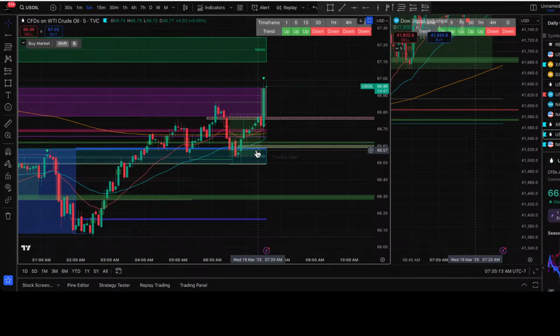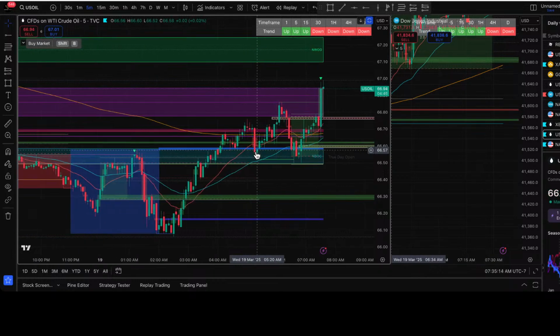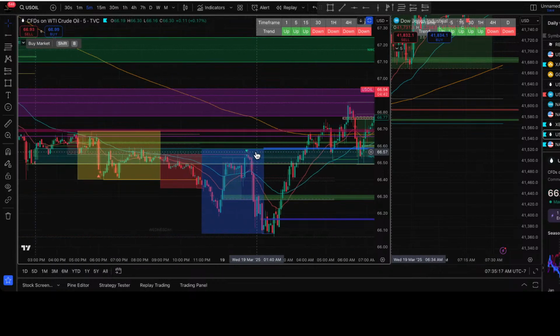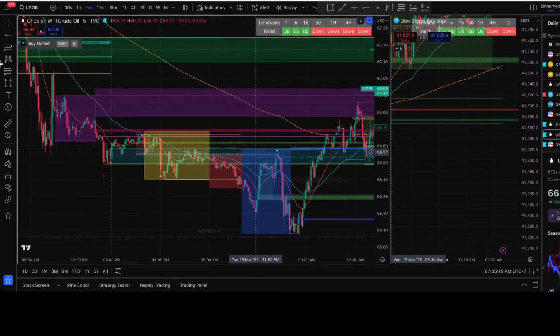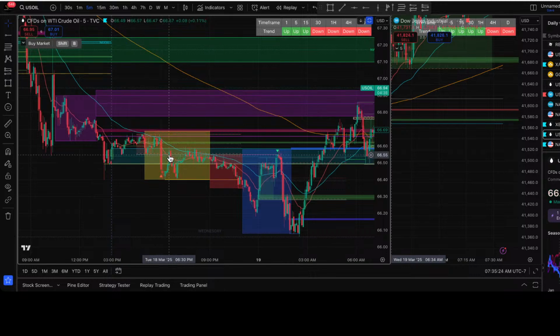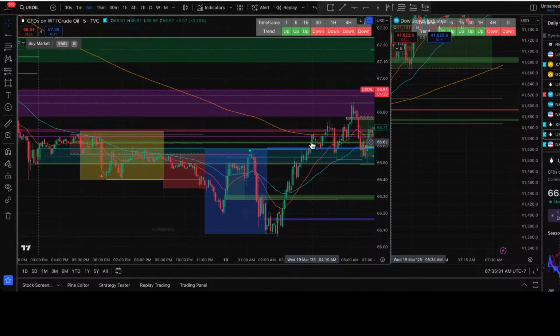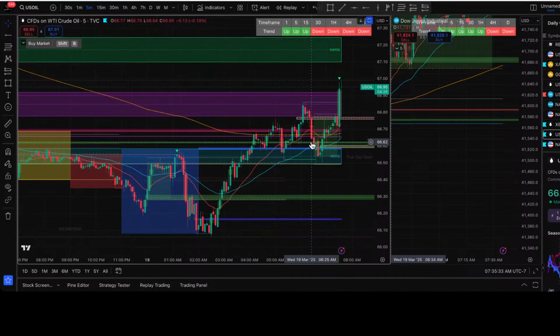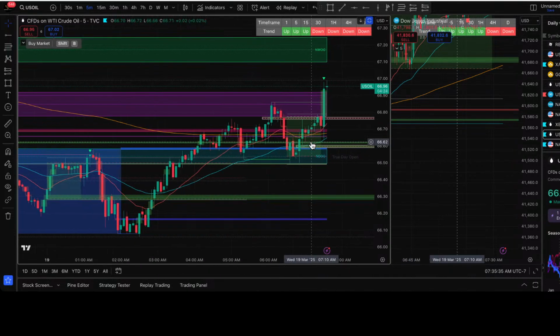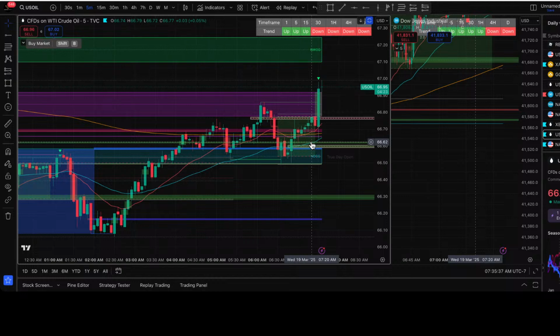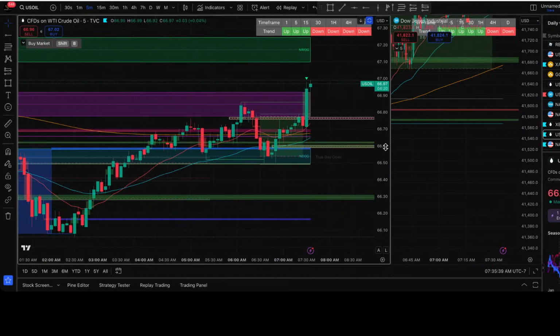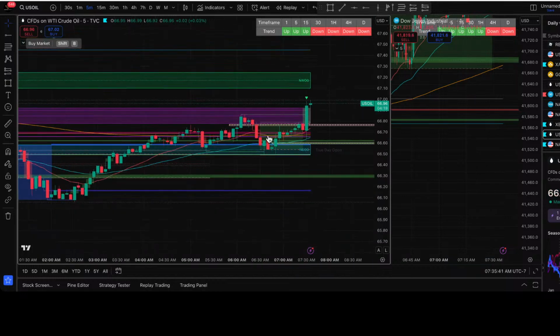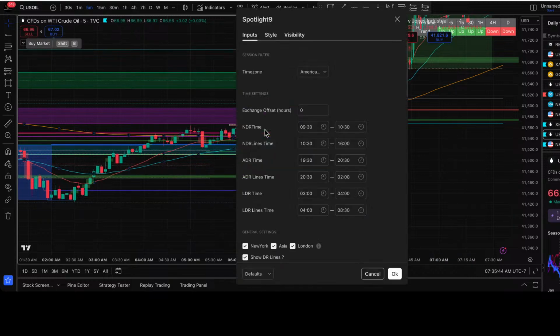Remember, the purple zone is associated with a session that took place before Asia, and we utilized these levels. Now we can use this secondary purple zone as another area of interest as well. Remember, the darker the zone, the stronger it is. Let's turn our standard deviations back on.